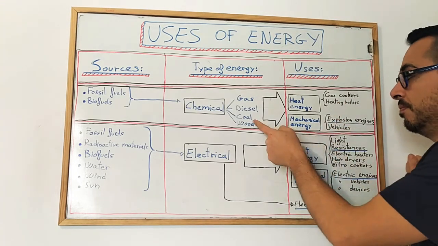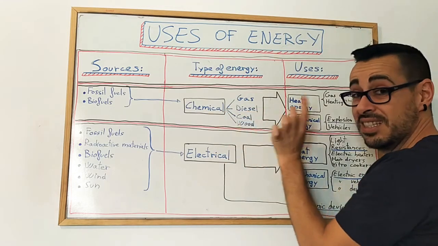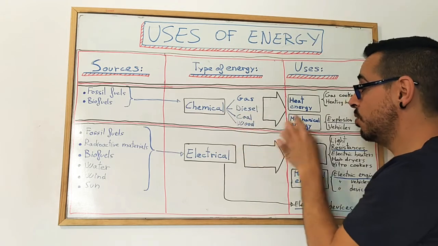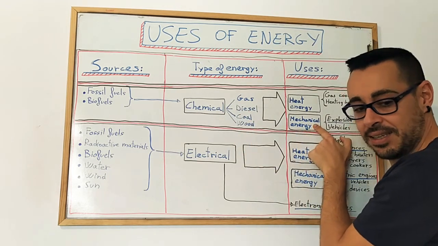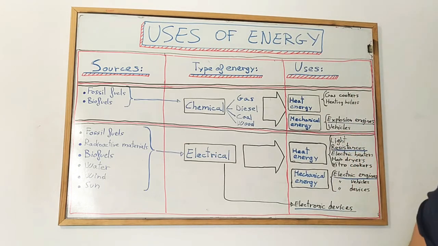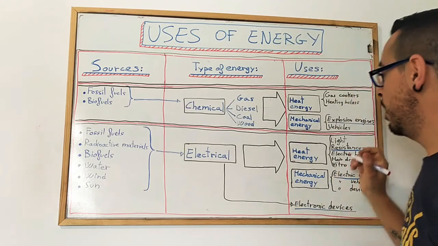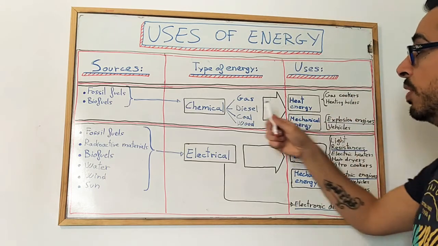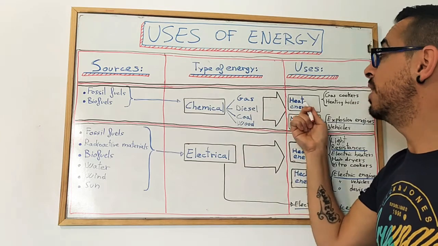Then, when we burn this chemical energy, we can transform it into mechanical energy. In this case, we are going to see later how this works. Because it's obvious that if you burn some of this, you are going to get heat.